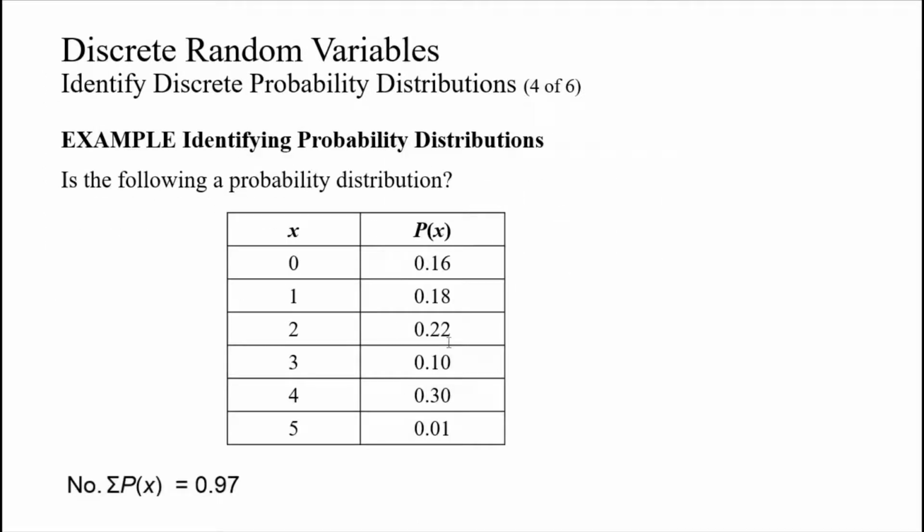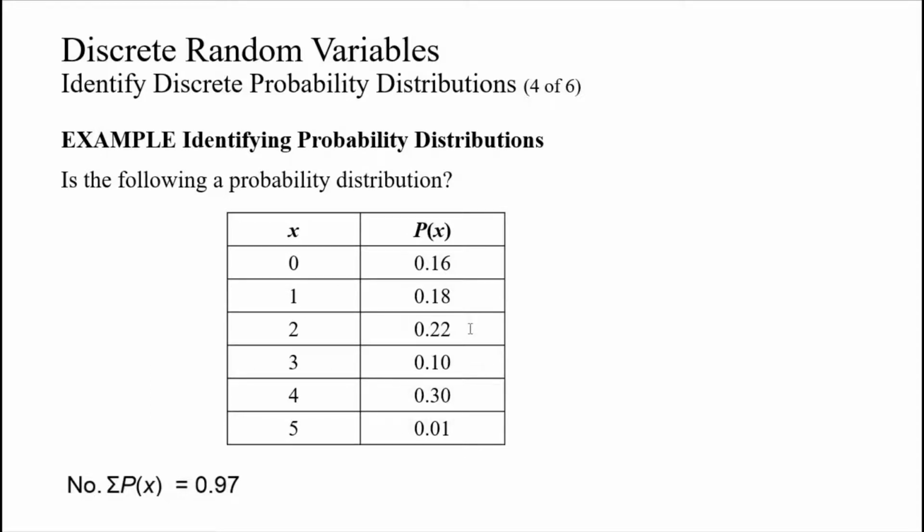In this example, if we look at this table to see whether it fulfills the probability distribution conditions, we will notice that, first of all, each of these probabilities is less than 1 and greater than 0, so none of them is negative, and none of them is exceeding 1.